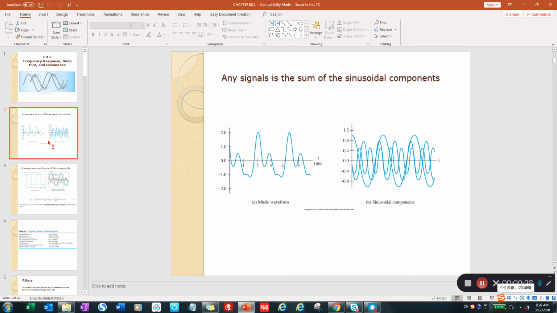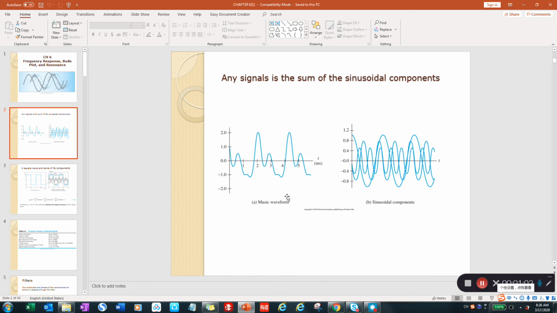Now first let's look at the signal. Signal in our class means either the voltage information or the current information. From what we learned before, for example, the Fourier series, we know any signal is the sum of sinusoidal components.